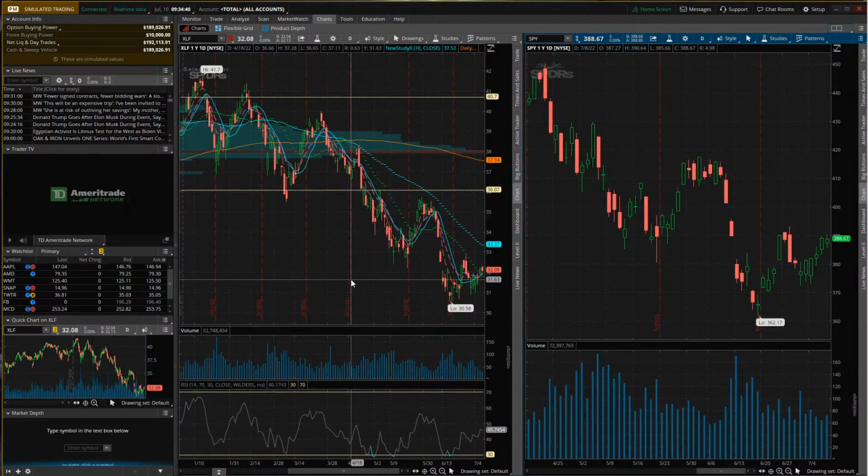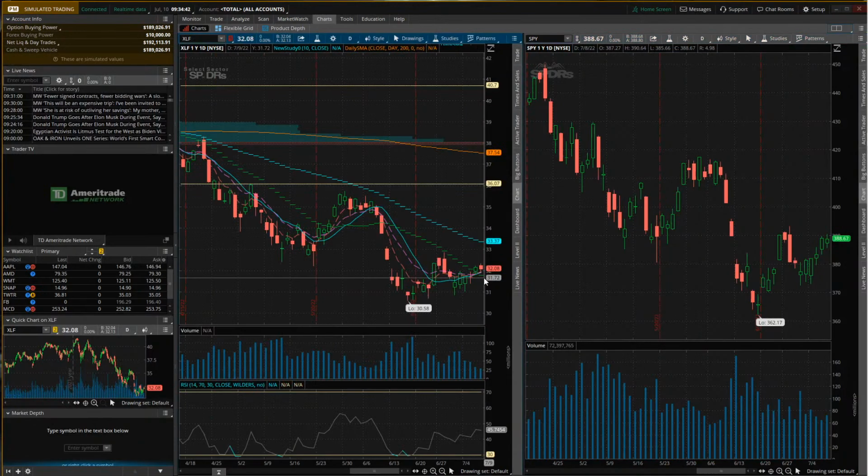But looking at XLF in the last 3 months, we can see that it's definitely not the same. I mean, they move in similar fashions, but it's just not exact. It's not an exact science. And we can see that it looks kind of crazy right here. We can see all these moving averages starting to cross together and mingle and warp around.